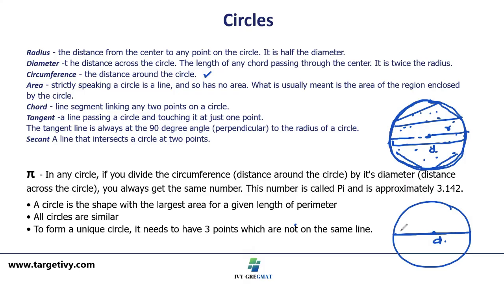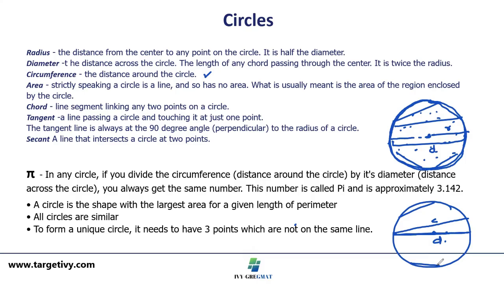If the chord passes from here, it is definitely smaller than the diameter, though it is called a chord. This is also a chord. This is also a chord. They are all called chords.